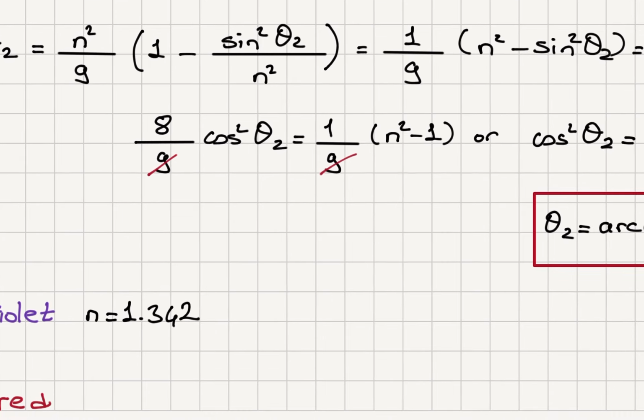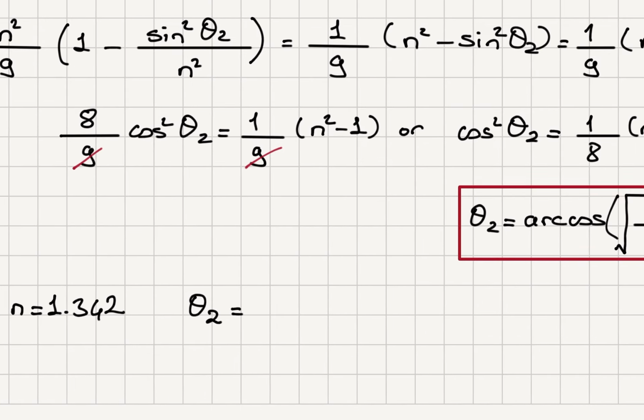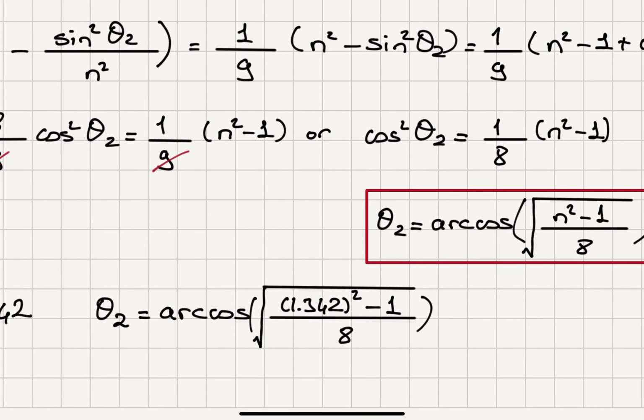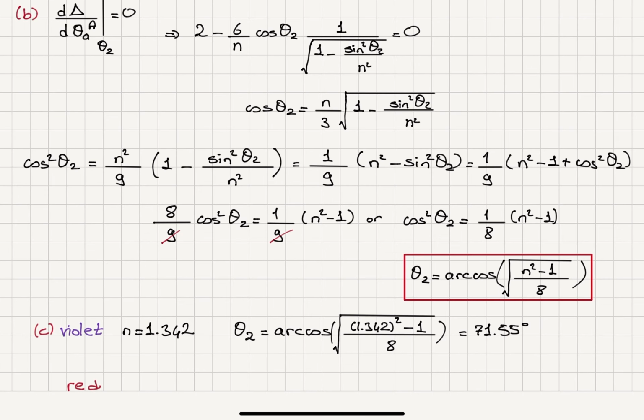The corresponding critical angle of incidence, theta 2, is arc cosine of the square root of (1.342 squared minus 1) divided by 8. And this gives us an angle of 71.55 degrees for the critical angle of incidence.